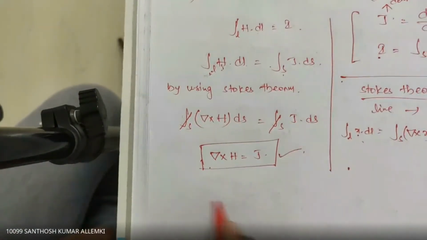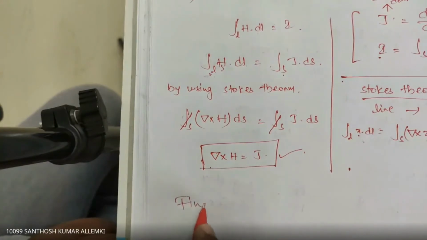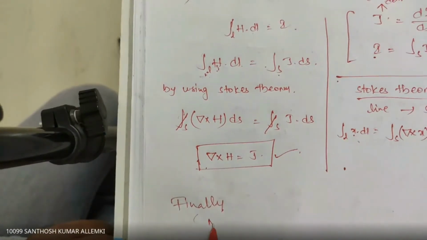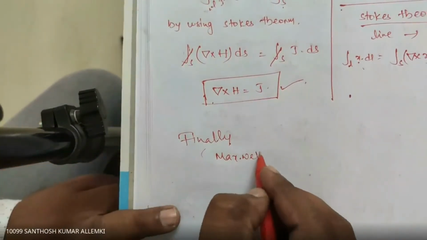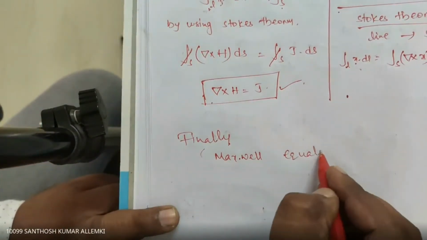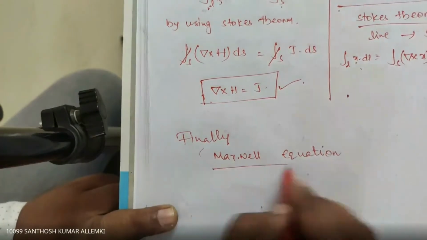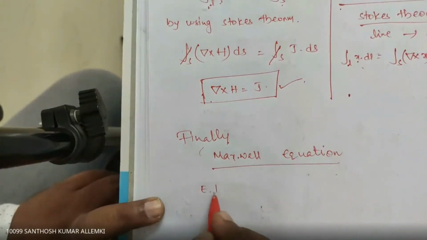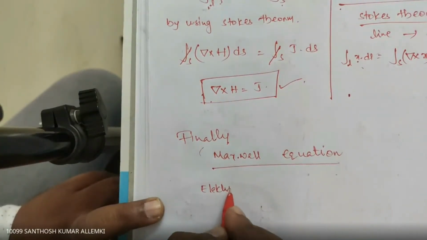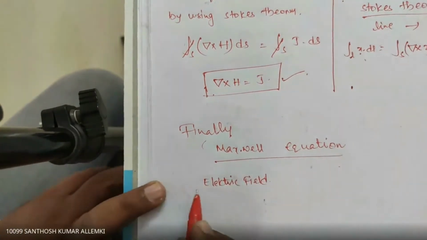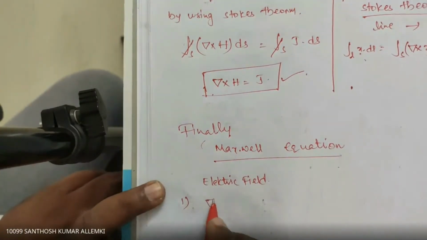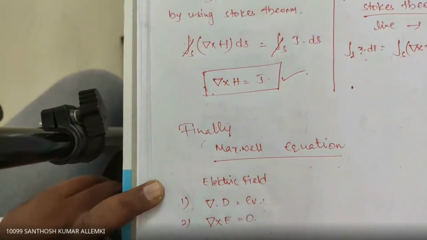So finally we can write the Maxwell equations. For the electric field, the first one is del dot D is equal to rho V. The second one is del cross E is equal to 0.